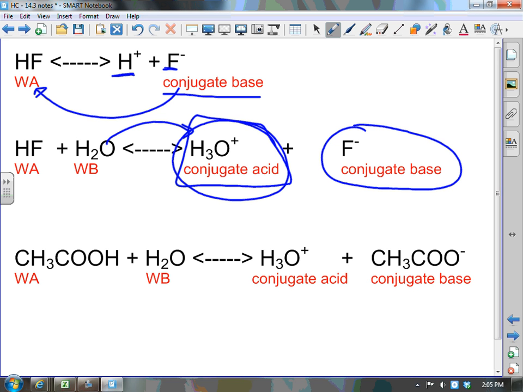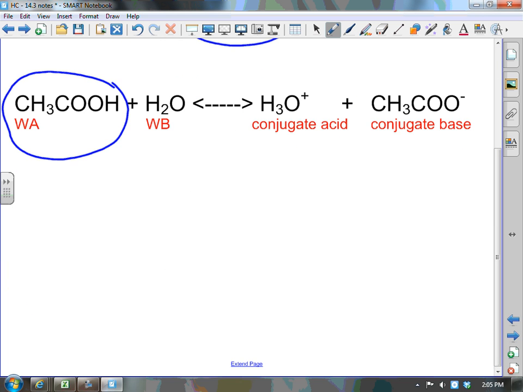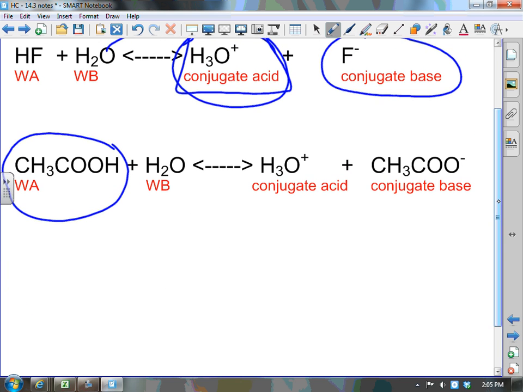Down here's another example. This is acetic acid, the acid in vinegar. If we look at this example, that hydrogen at the end breaks off and bonds with water. The leftover structure of that acetic acid is a conjugate base.